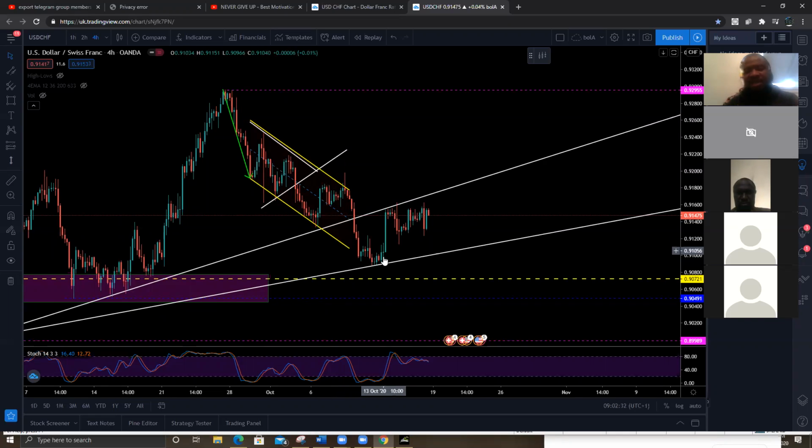It created a bit of a correction right here, right? And that bit of correction gives us back another impulsive move. So we can equally say that this impulsive move kind of ended its own scenario over here, because we have this particular correction that should have led to continuation.